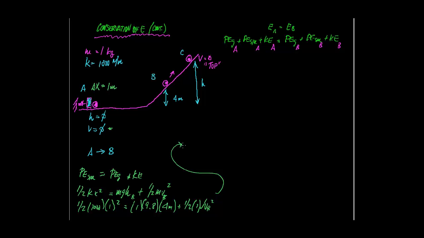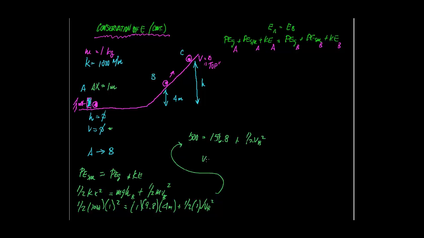Alright, if we can do this quickly here, that side is going to be 500, and that's going to equal whatever 16 times 9.8 is. 16 times 9.8 gives us 156.8, plus half v_B squared.